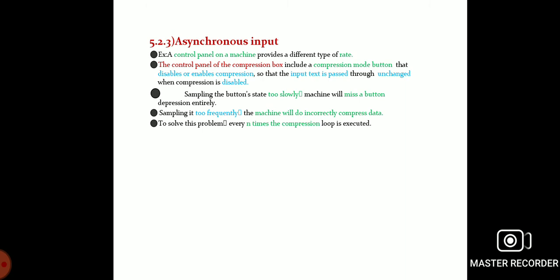If we sample the button state too slowly, the machine will miss the button depression entirely. If we sample it too frequently, the machine will produce incorrect compressed data. To solve the problem, every time the compression loop is executed, the button is sampled. So this is a multitasking and multiprocessing operation of embedded system design.